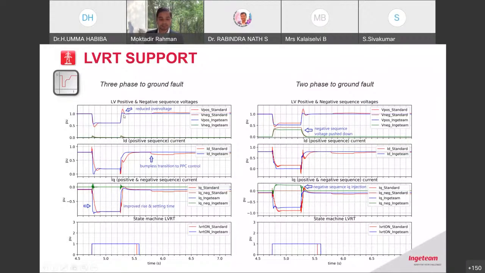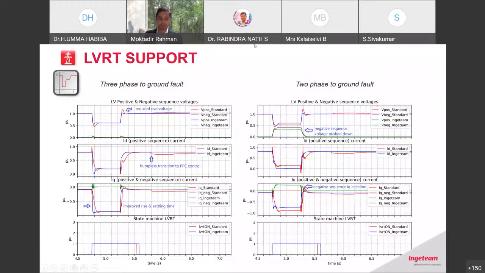As you can see, during fault recovery you have a huge spike, but with the technology that we developed, the spike is reduced. Because if one solar plant is giving you this spike, imagine there are multiple or hundreds of solar plants, and if all of them provide a huge spike, that is going to be a huge problem for the grid.